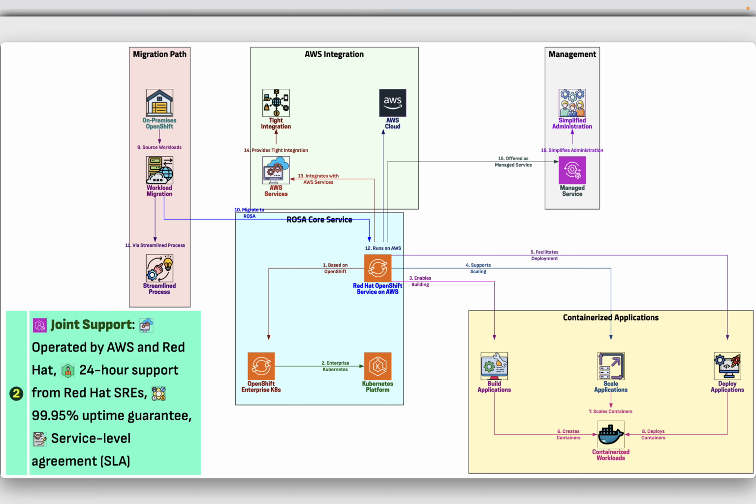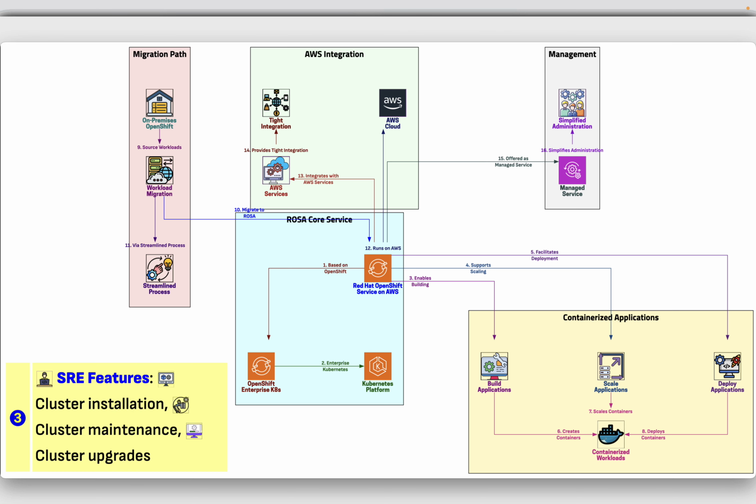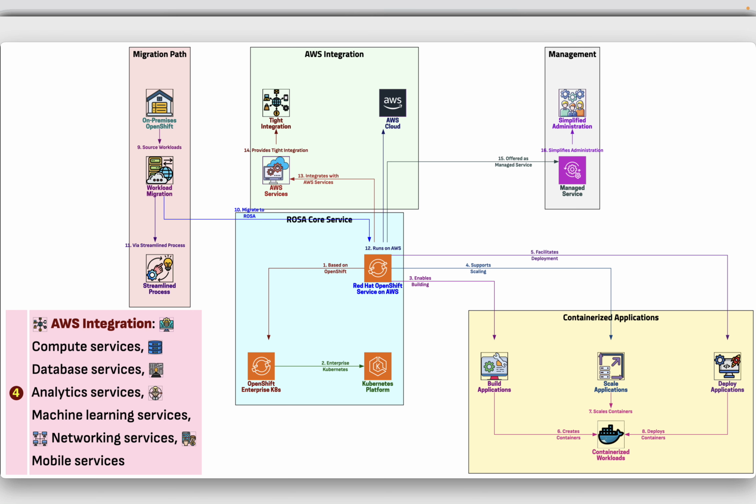It includes 24-hour support from Red Hat Site Reliability Engineers (SRE) for cluster management and guarantees 99.95% uptime with a service level agreement (SLA). Red Hat SRE support includes cluster installation, cluster maintenance and cluster upgrades.